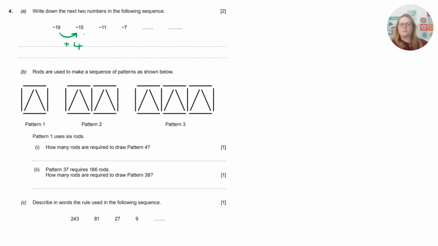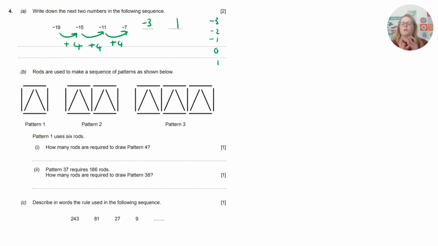Adding 4. 15 to 11, we're adding 4, so we can see there's a common pattern here. Again, adding 4. Add 4 again, that gives me -3. Remember, if you've watched the foundation videos already, if you're at -3, add 4 to it: -2, -1, 0, 1. So that's another method you can use. That's that question covered.